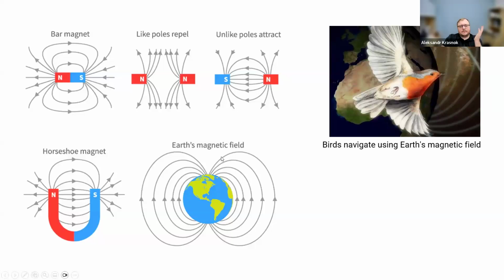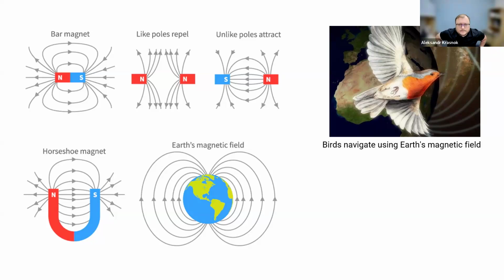What else? Yeah, a couple of kind of nice, interesting facts. The fact that our planet gets this noticeable and measurable magnetic field made the birds navigate in this magnetic field.